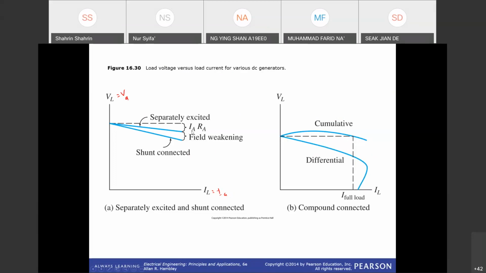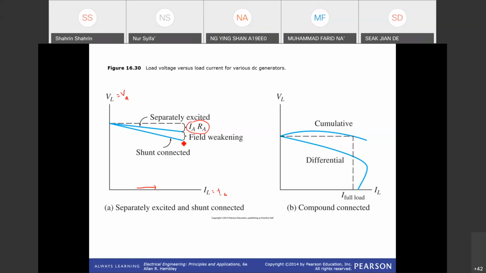When you increase the IA, you will see that the load voltage will actually reduce, because we have IA RA, the voltage drop across the resistance. This is the line for the separately excited DC generator, and this is the line for the shunt connected DC generator.